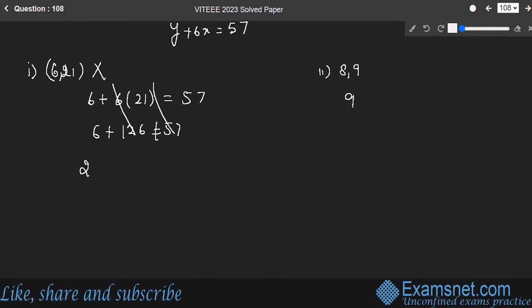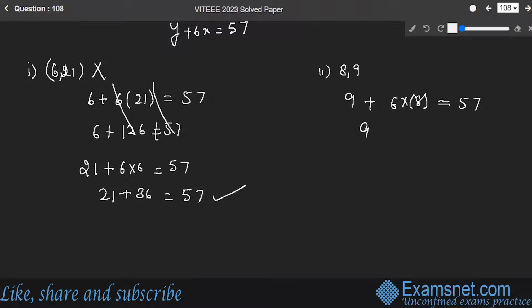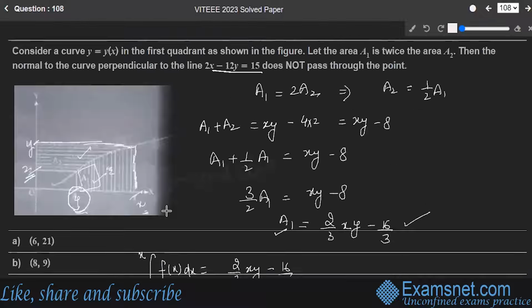This is supposed to be 21 plus 6 into 6 should be equal to 57. So 21 plus 36, that is equal to 57. That is satisfying. The second one, 8 and 9. So 9 plus 6 into 8 should be equal to 57. 9 plus 48, this is 57 is equal to 57. This point is also satisfying. So both points are satisfying this equation.